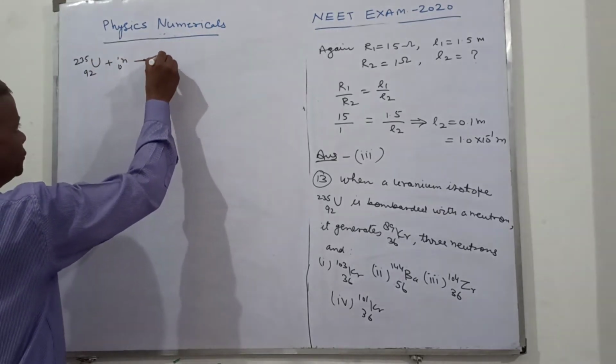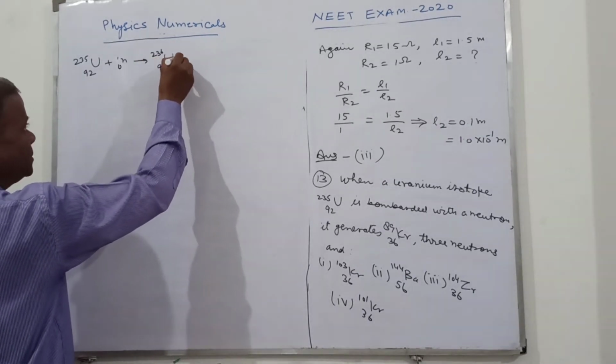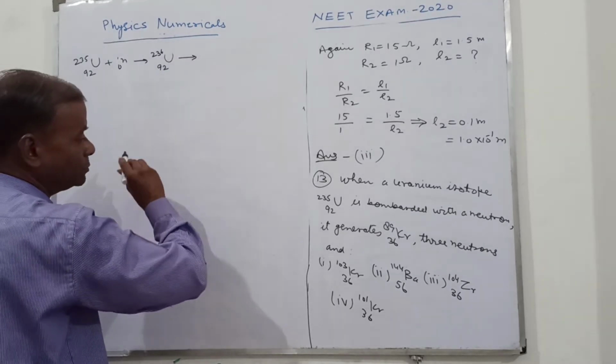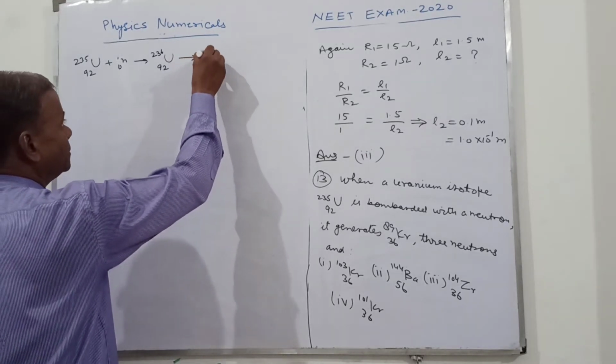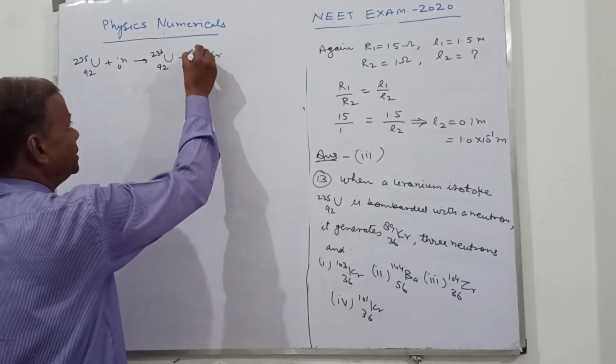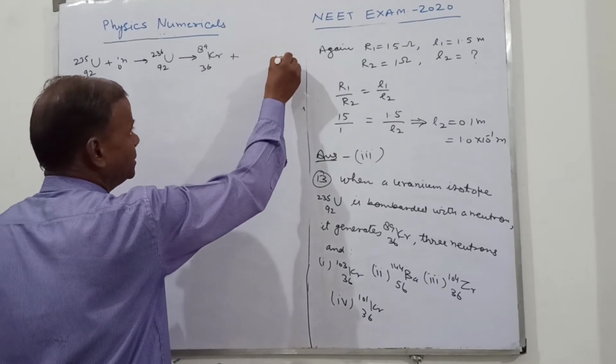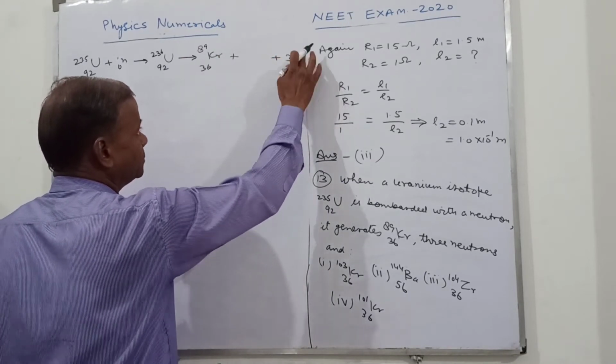It is now uranium 92-236. Then this goes to krypton 36-89 plus barium plus 3 neutrons 0-1.